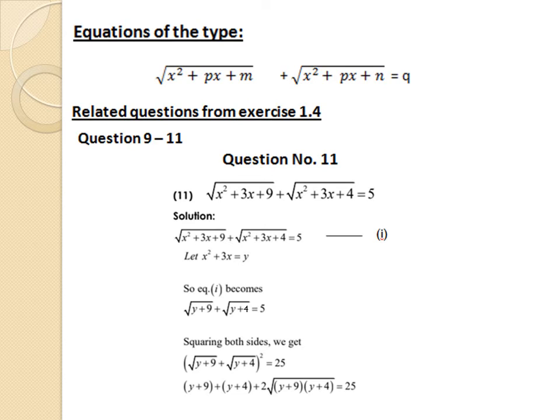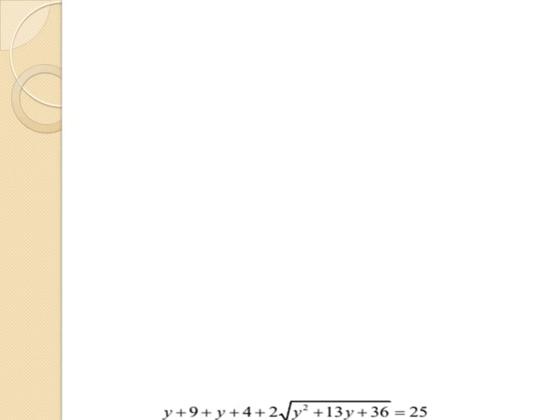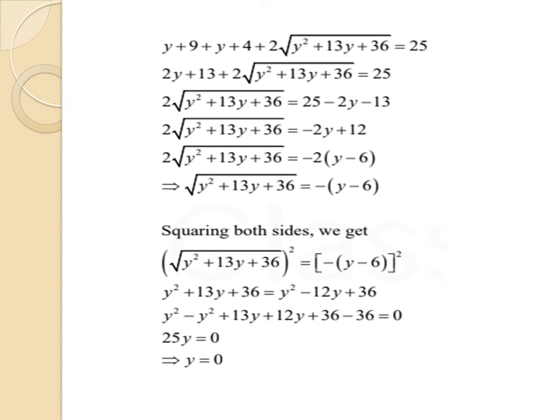Students, you can apply identity 1 on the left hand side to expand the square, which is (a + b)² = a² + b² + 2ab. After simplification, we get 2√(y² + 13y + 36) = -2y + 12.